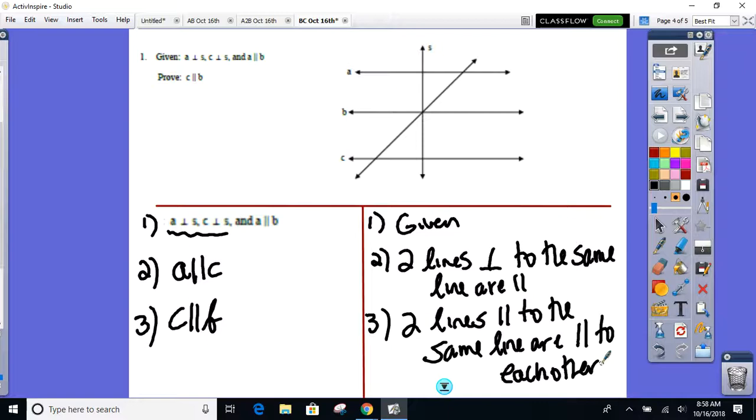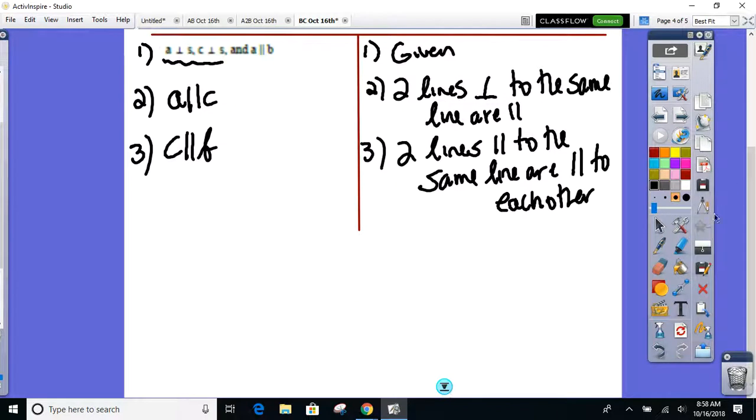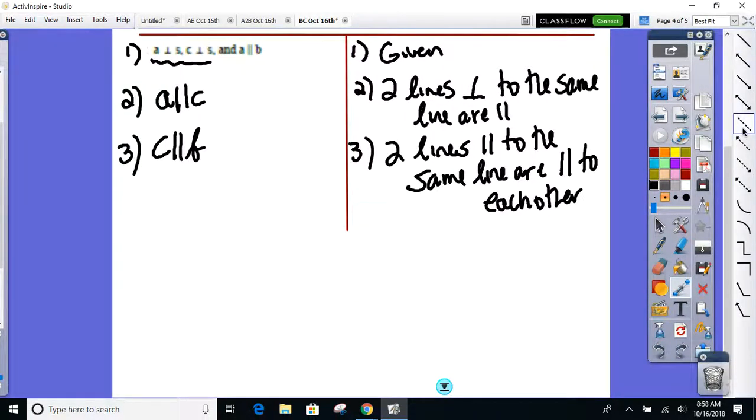Questions? Okay, what class are we in? Honors. So I'm going to force you to do this a different way now. You guys wanted to start with the two perpendicular lines. Let's start with a perpendicular and a parallel line now. I'll just do a dashed line here, and let's do a brand new proof.